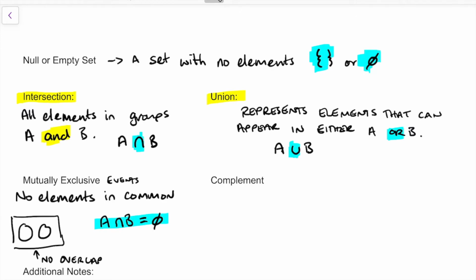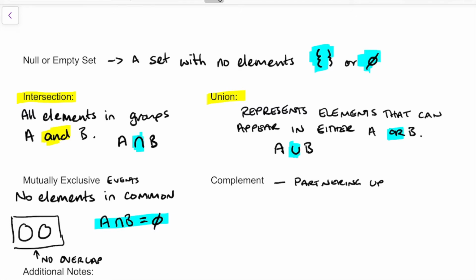If it's a complement, complement is sort of a partnering up. It's the thing that makes it all whole.